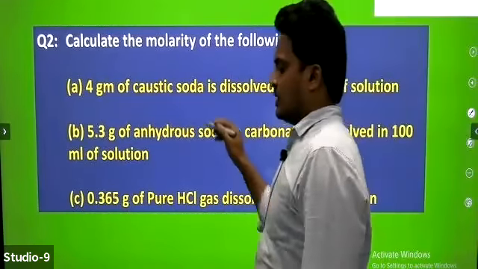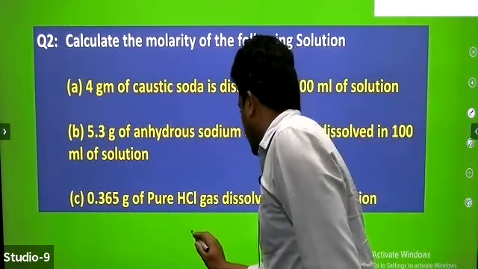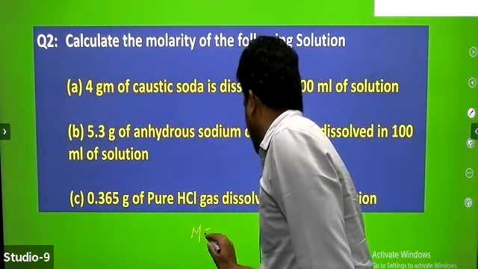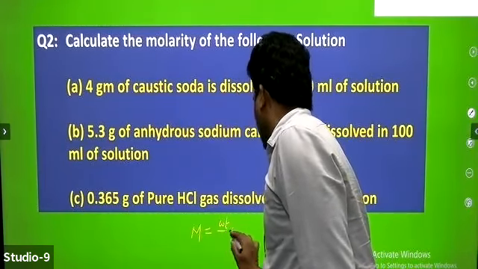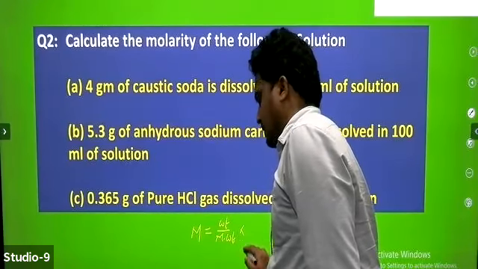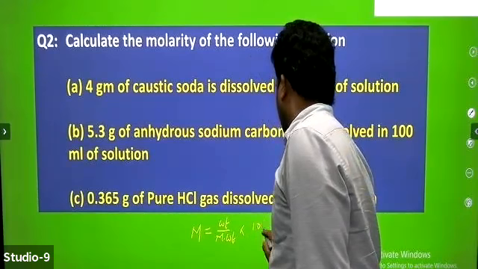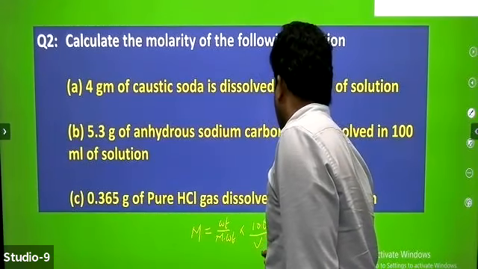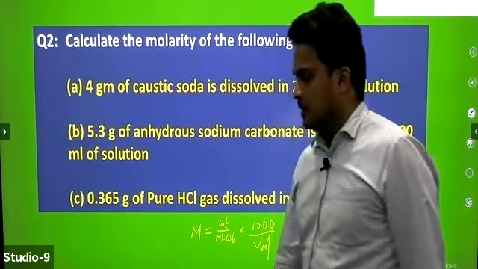Now use this formula, molarity. Molarity, capital M, is equal to weight of the solute by molecular weight of the solute into 1000 by volume of the solution in milliliters.